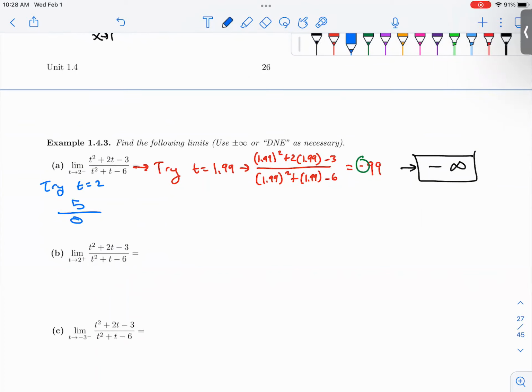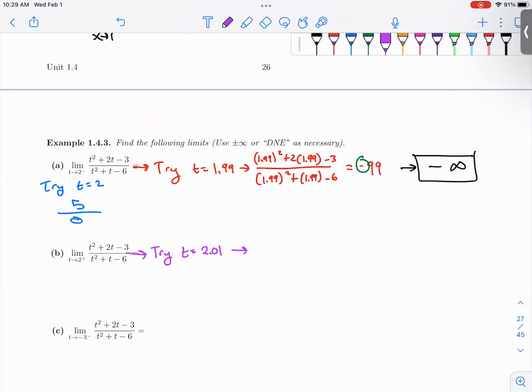So we'll just try t equals 2.01. And just to save on time, this is why I love having a calculator, because all I need to do now is change all the 1.99s. Delete, 2.01.